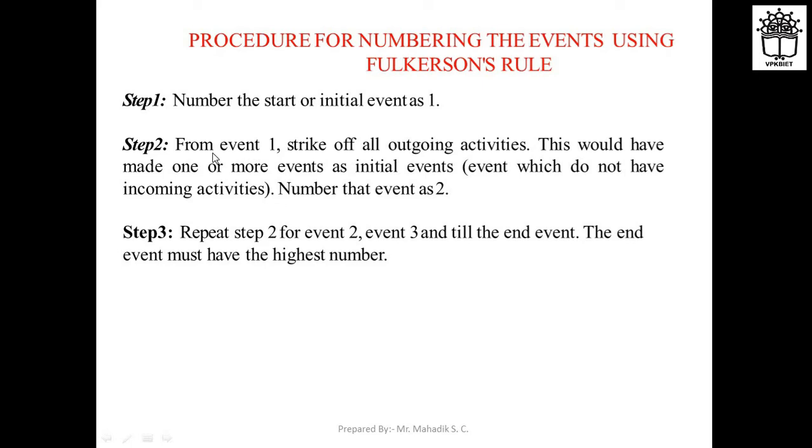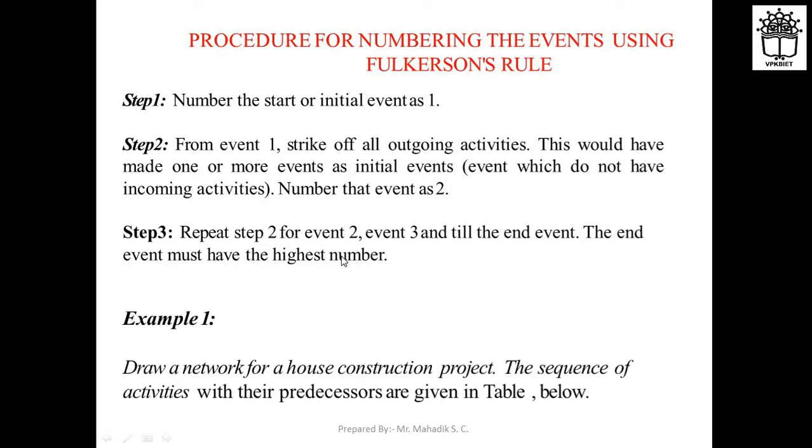Then from event 1, strike off all the outgoing activities. This would have made one or more events initial events, that is, events which do not have incoming activities. Number that event as 2. Then repeat step 2 for event 2, event 3, till the end of the events. So the end event must have the highest number.